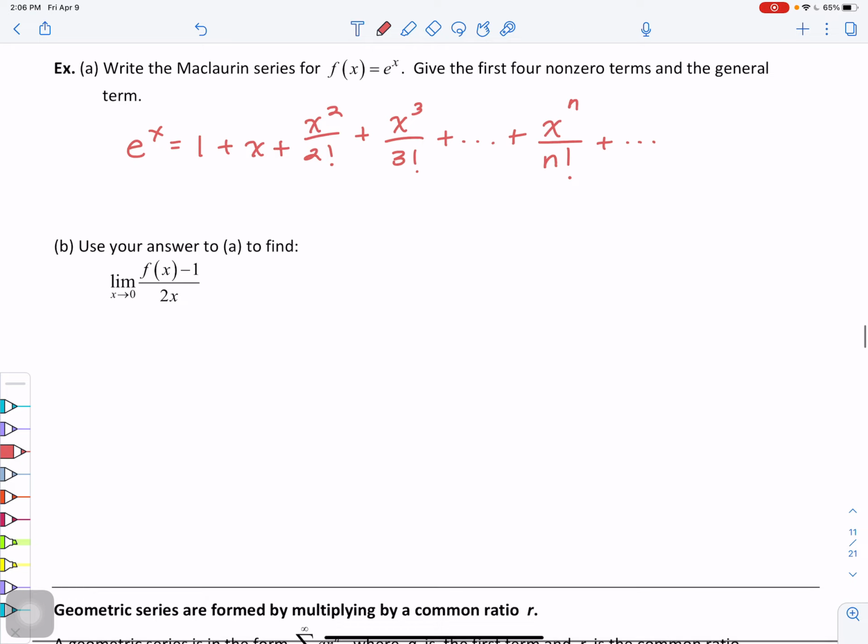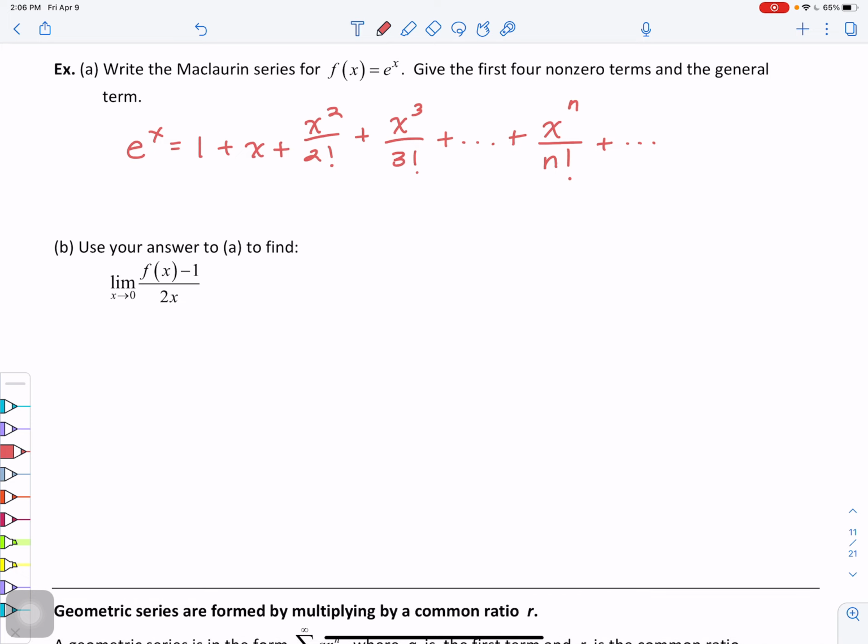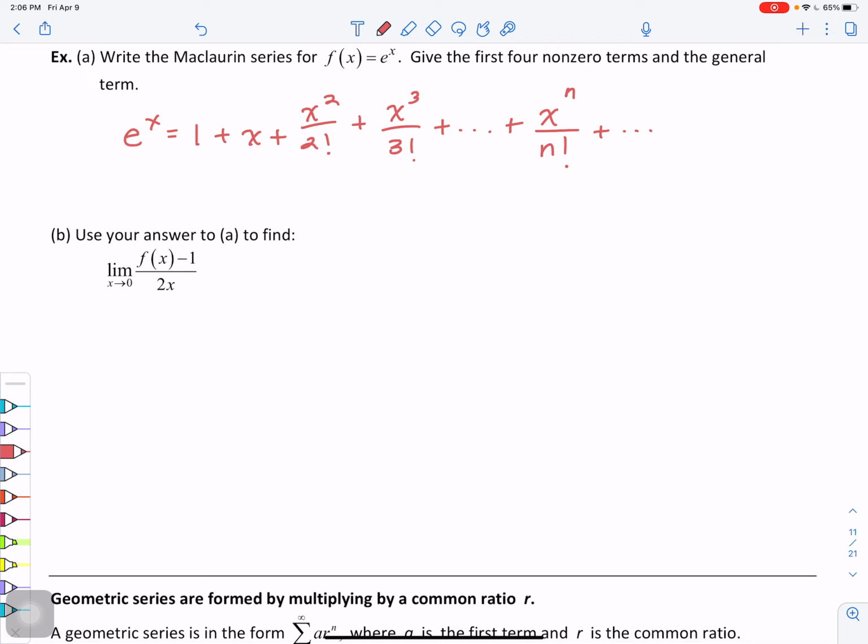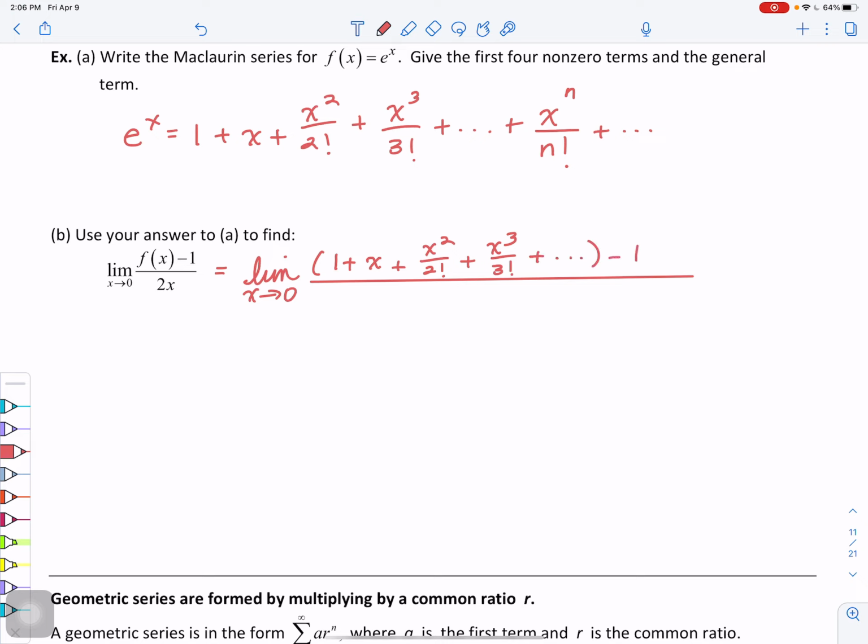Now, use your answer to part A to find the limit as x approaches 0 of f of x minus 1 divided by 2x. Okay, so that's the limit as x approaches 0. And we have 1 plus x plus x squared over 2 factorial plus x cubed over 3 factorial plus dot, dot, dot, all minus 1 divided by 2x.